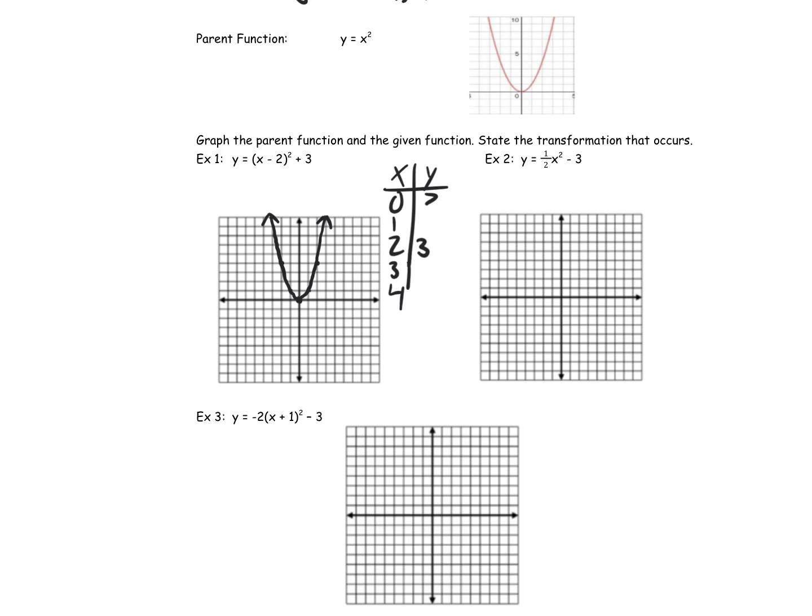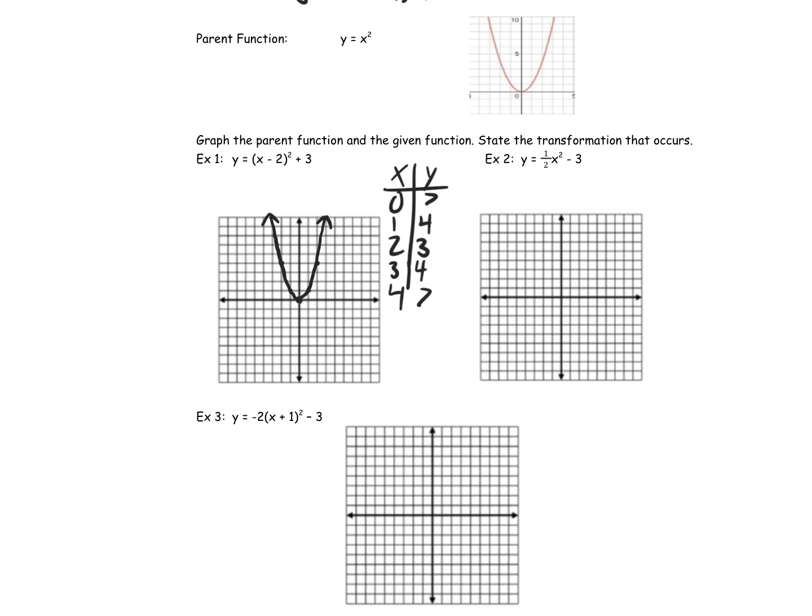Now we'll do 1 for our x: 1 minus 2 is negative 1, negative 1 squared is 1, 1 plus 3 is 4. And of course those mirror, so we've got points at 0, 7 and 1, 4.